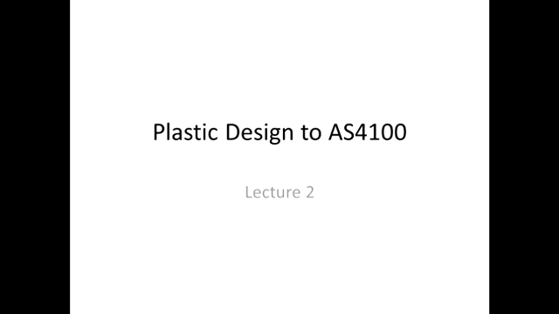If we have more than one possibility of collapse in a beam, then for each of these scenarios of collapse, we'll have a plastic collapse load. What did we say the governing plastic collapse load is going to be?